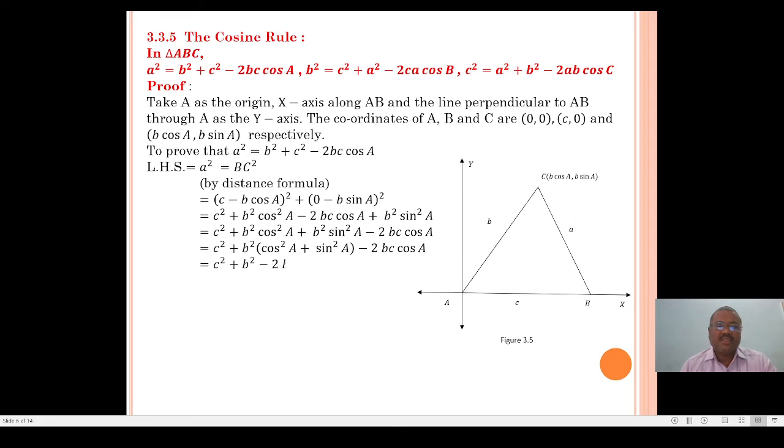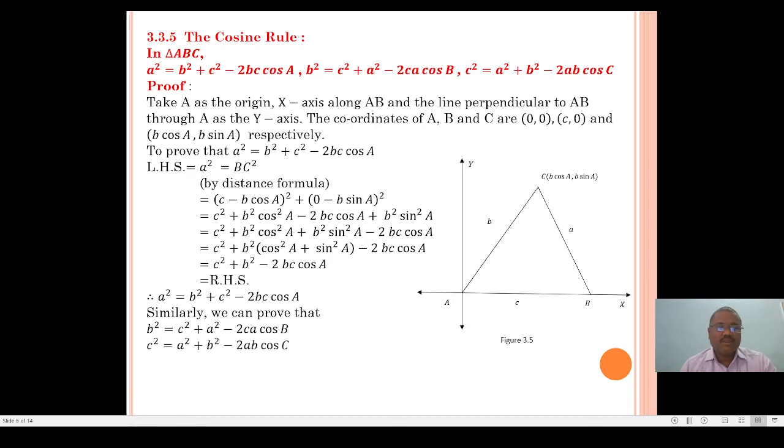So we get c square plus b square minus 2bc cos A. So we get RHS. So we get a square equals b square plus c square minus 2bc cos A. Similarly, we can prove that b square equals c square plus a square minus twice ca cos B, and c square equals a square plus b square minus 2ab cos C.